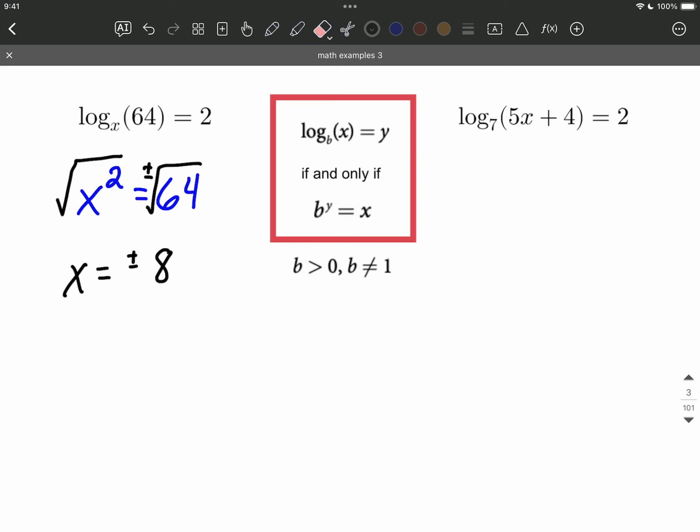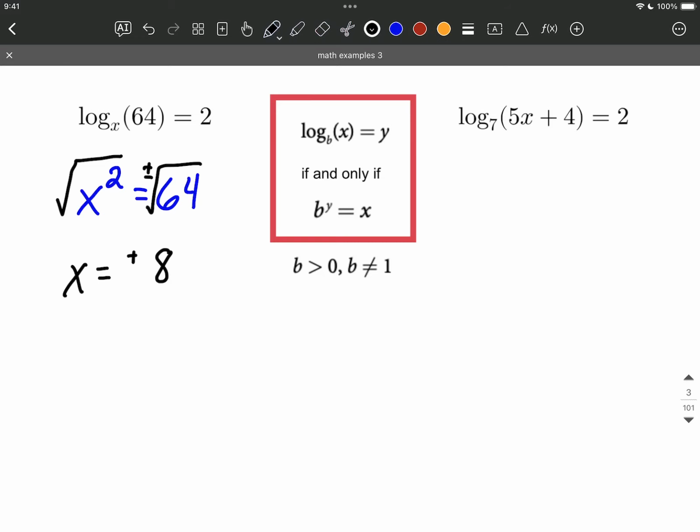But remember, because our x was the base of this log, the base has to be greater than 0 and cannot equal 1. We're not worried about it equaling 1, but if we use both positive and negative 8, that's not going to work, because negative 8 would be less than 0, not greater than 0. So let's get rid of our negative. The only solution in this one is x equals positive 8.